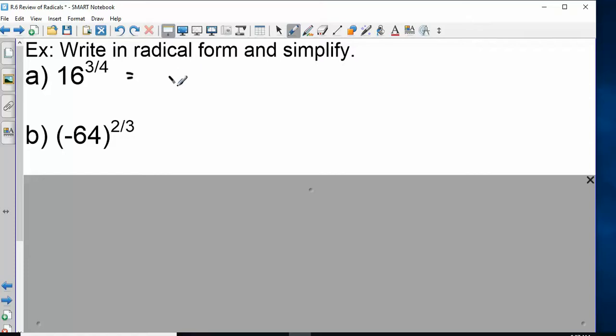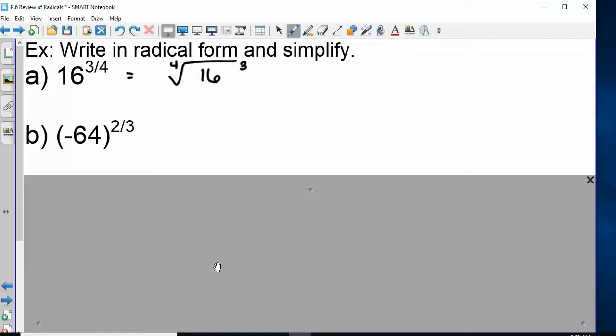What number goes outside the radical? 4. Yeah, the denominator there. That's called the index. So that's the little number that goes outside. 16 goes underneath. And then the 3 would go here.